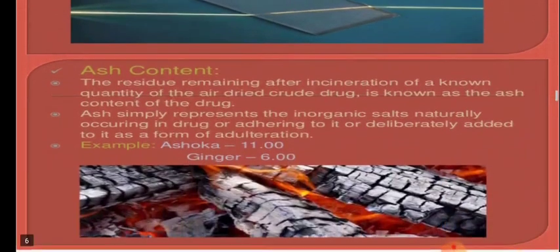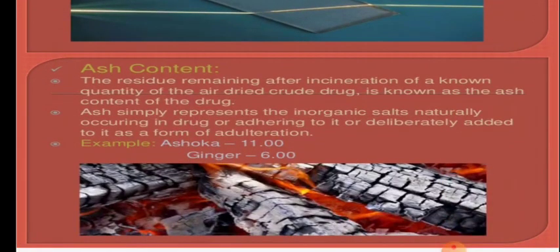Next is the ash content. Ash is what remains after burning. The residue remaining after incineration of a known quantity of the air-dried crude drug is known as the ash content of the drug.